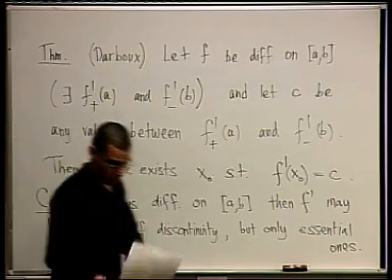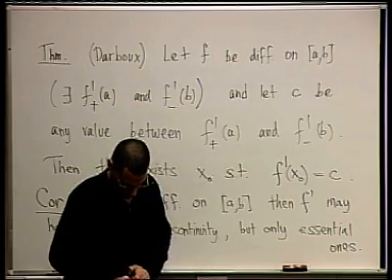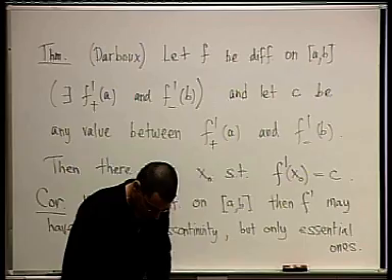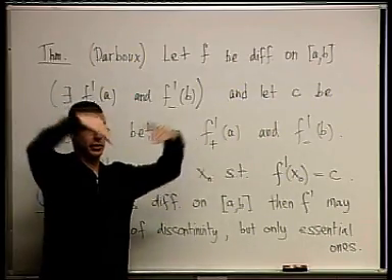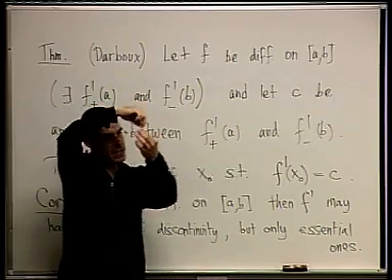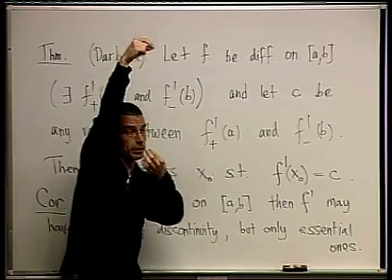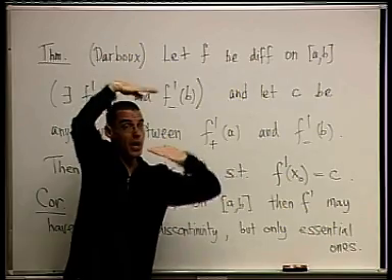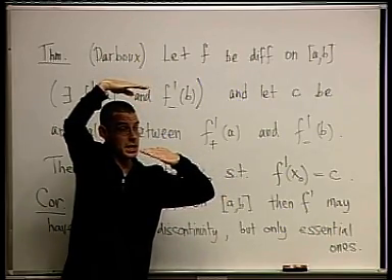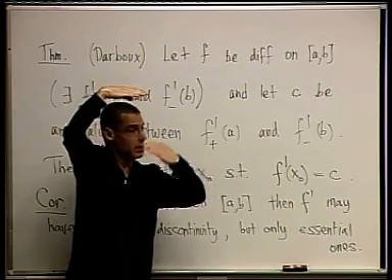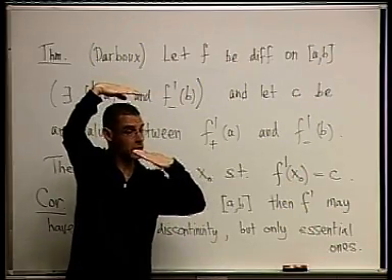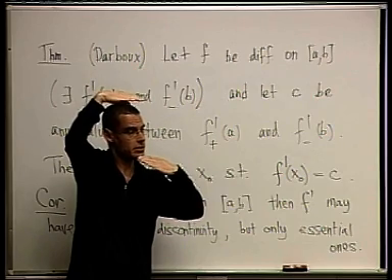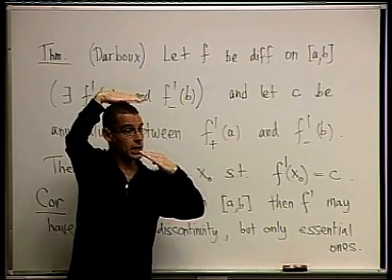And let me argue this, wave my hands to argue this really quickly. Look at the derivative, f prime. It's some function. If it has either a removable discontinuity or a jump discontinuity, it's not going to satisfy the intermediate value theorem for derivatives. All the values in between are not necessarily going to be attained. Do you see that? Okay?